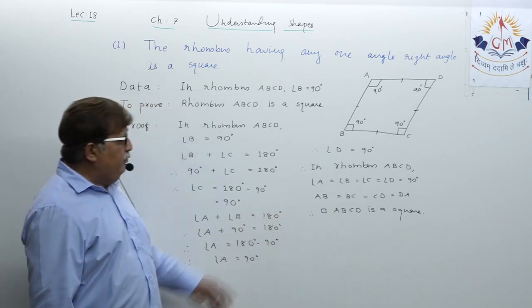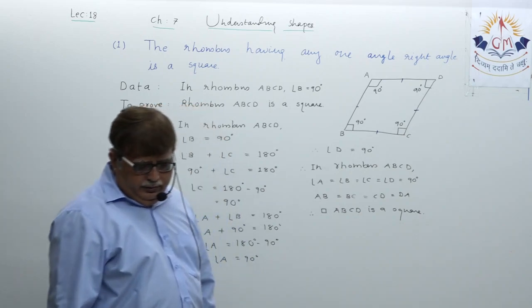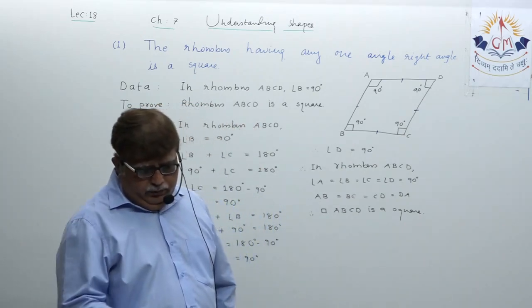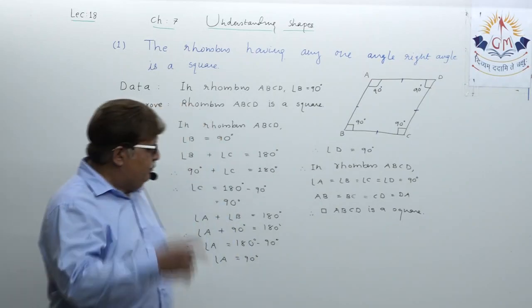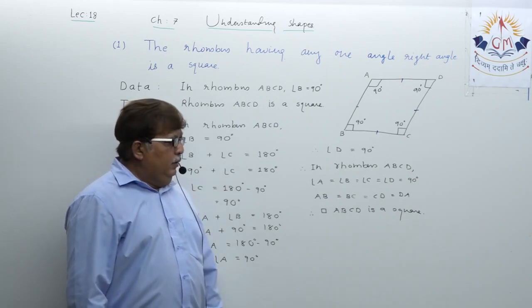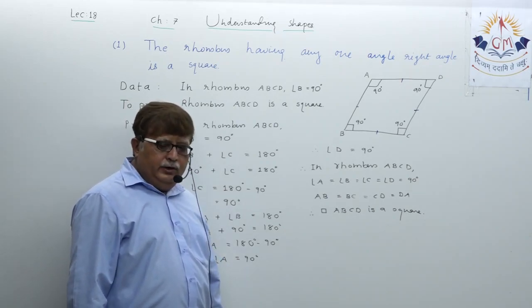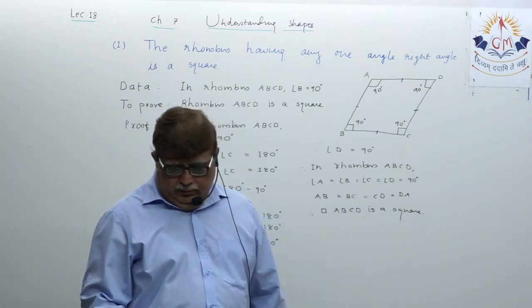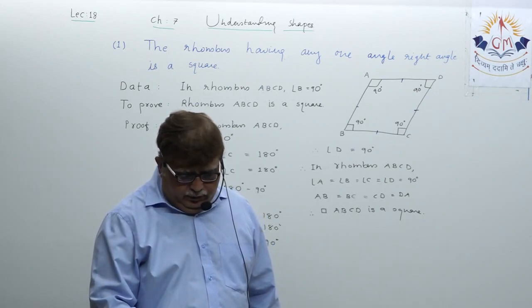Understood? So this is the way this geometric example can be proved. You understood this? It can be proved this way. Okay? Is it clear in your mind? Some of the geometric examples we have already solved. This is one of those.